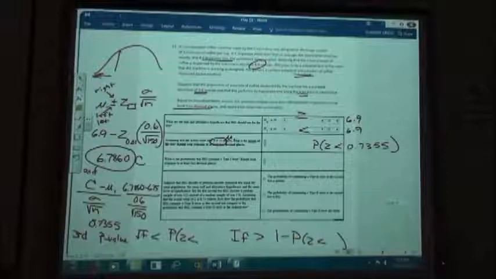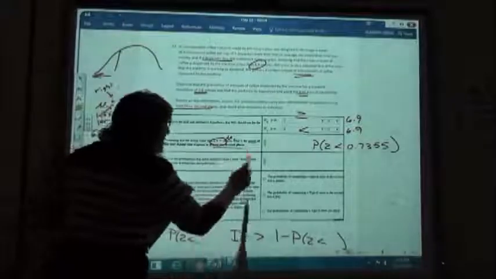So if I'm doing a less, I can just use the number. If I'm doing a greater, I got to do 1 minus that because I'm doing the opposite. And then I'm going to punch that into the Aleks Calculator and round our answer finally to 2 decimal places.